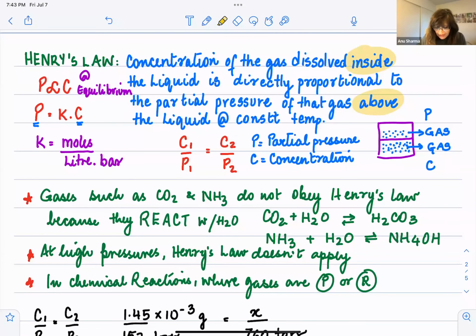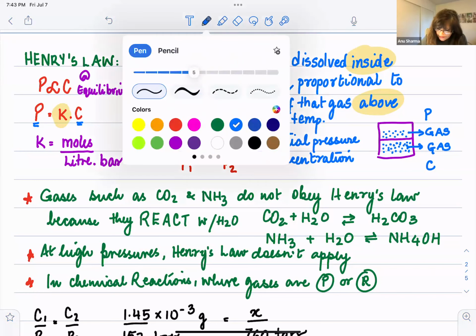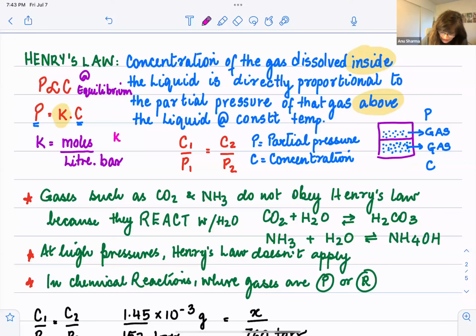In other words, K stands for that constant, and K depends on the nature of the solute and the solvent. So K is defined by what kind of gas we are dissolving, the type of gas, and it also depends on the solvent. Some gases could be readily soluble or not.